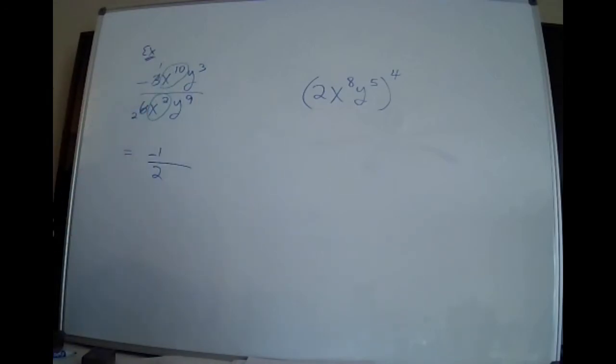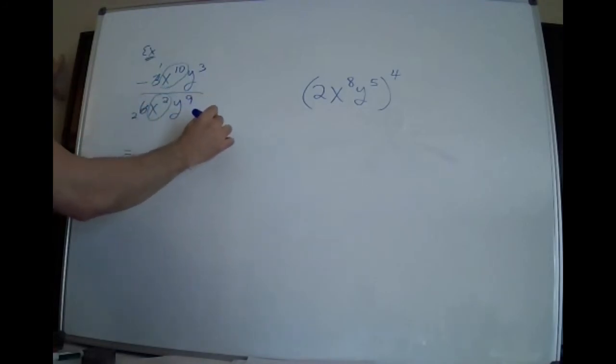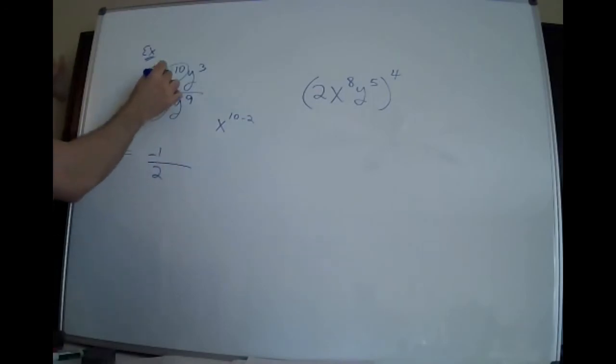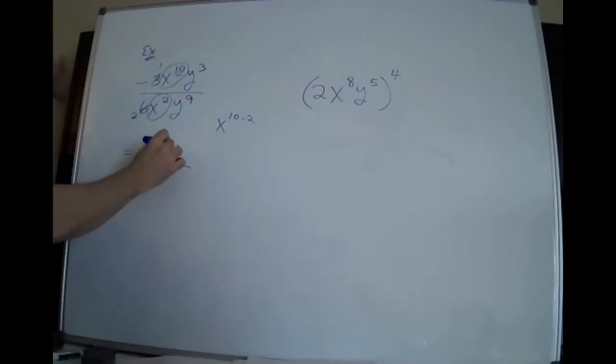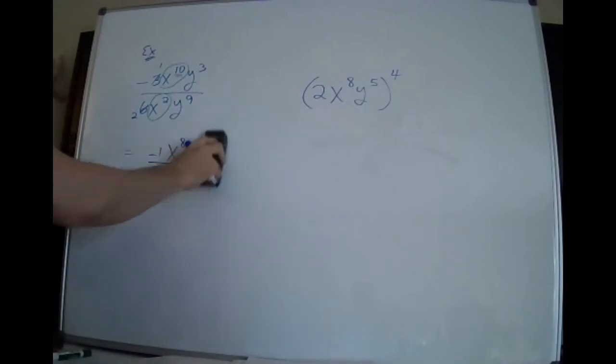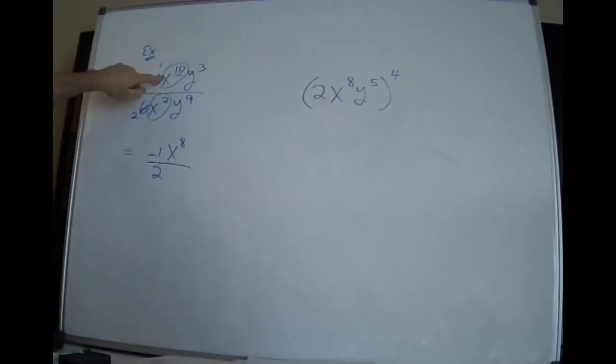So you always start with the bigger one, which is 10, and subtract 2. So I'm going to do 10 take away 2, which is 8. And the bigger one was on the top. So this is where it goes. So I get x to the 8. Think of that. You had 10 x's there. X, X, X, X, X, X. And on the bottom, you just had x, x. Cross out, and you had 8 left on top.